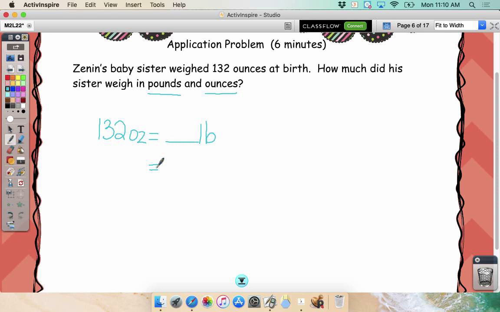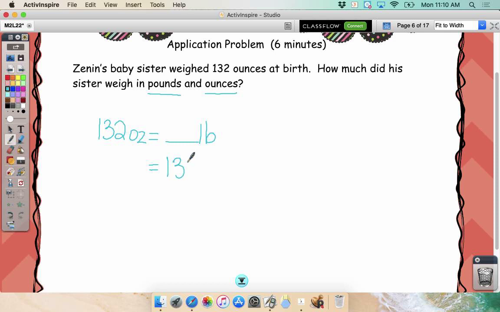How many is it? It's 16, and it's on the poster if you forgot. There you go. Do you think I'm going to get larger or get smaller? Smaller. Divide 132 by 16.